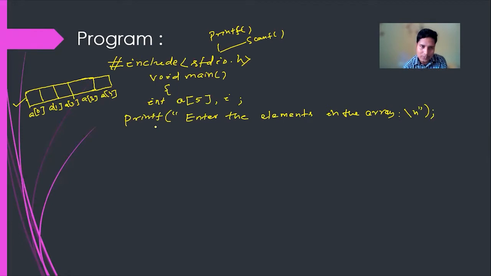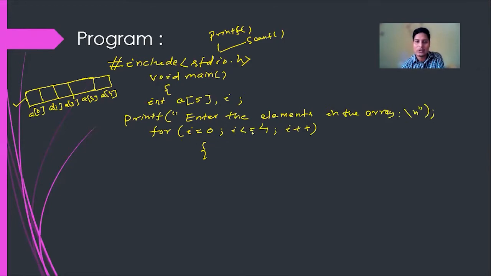So now I am using the for loop: for i equal to 0 semicolon, i less than equal to 4 semicolon, i plus plus. i equal to 0 means the initial value is assigned, the initial value of i is 0.